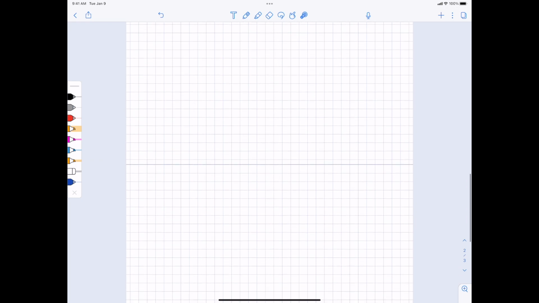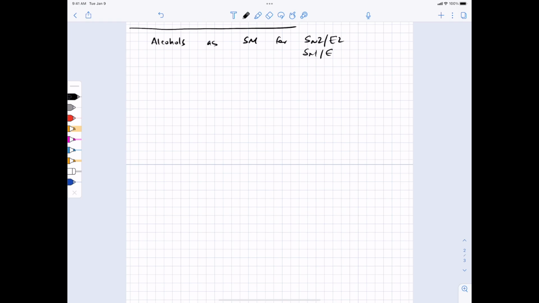Right. So now let's talk about Chapter 9, which is alcohols. Using alcohols as starting materials for substitution and elimination reactions. Okay, so now our starting material is an alcohol.